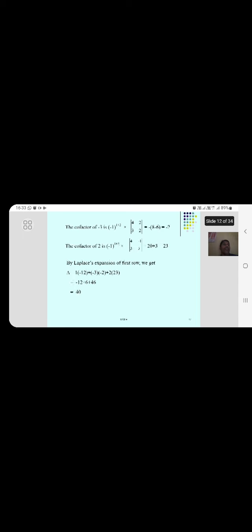By Laplace's expansion of the first row we get delta equals 1 into minus 12 plus minus 3 of minus 2 plus 2 of 23, that equals minus 12 plus 6 plus 46.